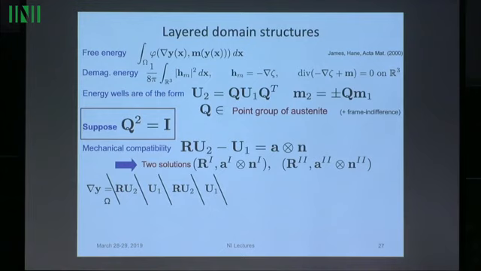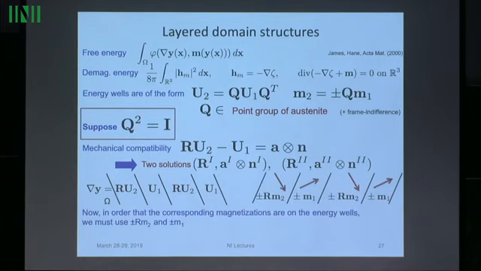Now, of course, the M is composed of the Y, so we have to look in the deformed configuration. And in this domain where we have RU2, with the same R we got from this calculation, we have to put RM2. And M2 was determined from M1, so it's very rigid.